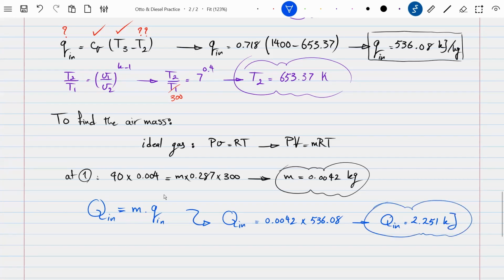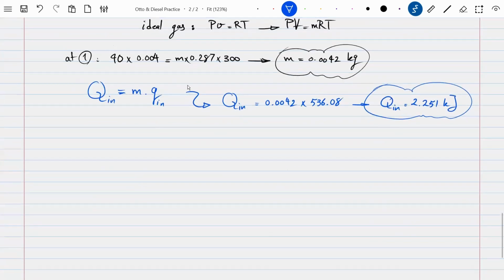So I found the Qin, but again, this is not something that the problem was asking. The problem was asking for the rejection and the net work. So what I'm going to do is use the thermal efficiency definition. We are looking at the net output over the Q input.